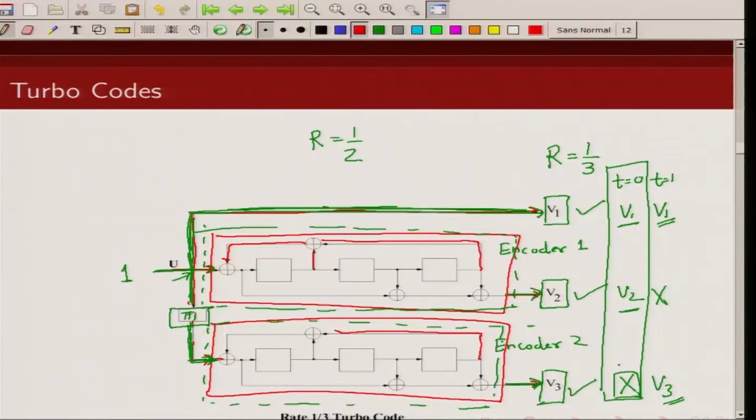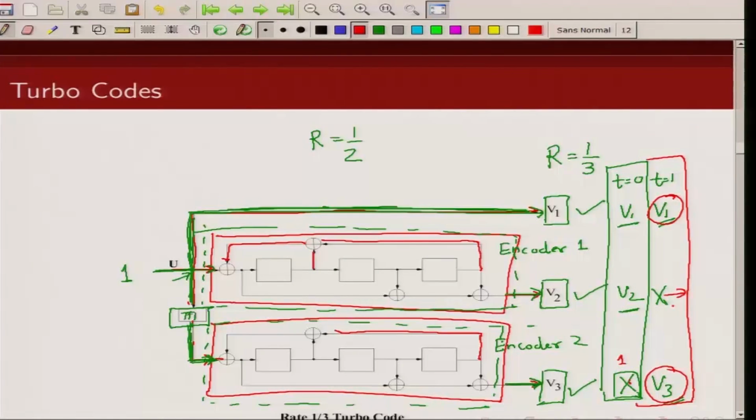So, I will put the likelihood ratio of this bit being 1 or 0 to be the same. And similarly here, since I am getting received bits corresponding to only this and this, I will feed to the decoder that it is equally likely that this particular bit is 0 or 1, because I do not have any other information about this bit.